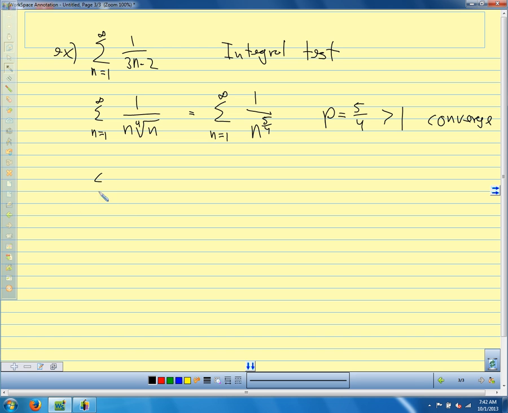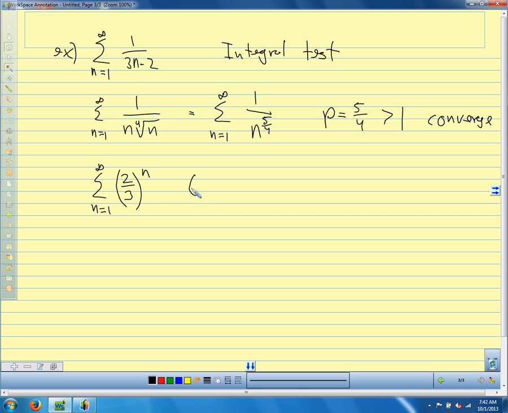How about the sum, n equals 1 to infinity of 2/3 to the n? Converge, what kind of series is this? Oh, is that geometric?